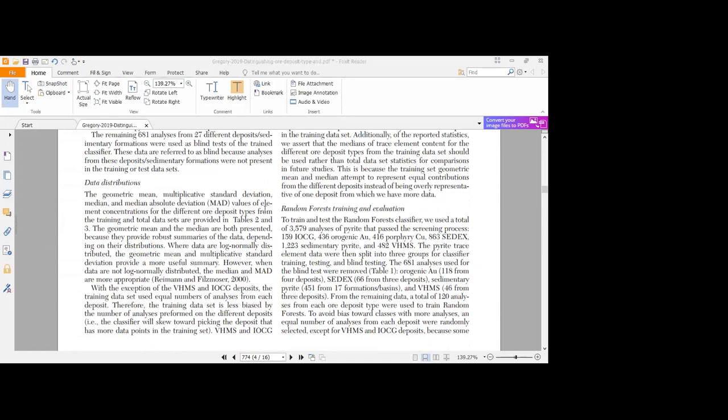So here is the division that they used for training and test, and what they used for the blind data set. The numbers are given over here.